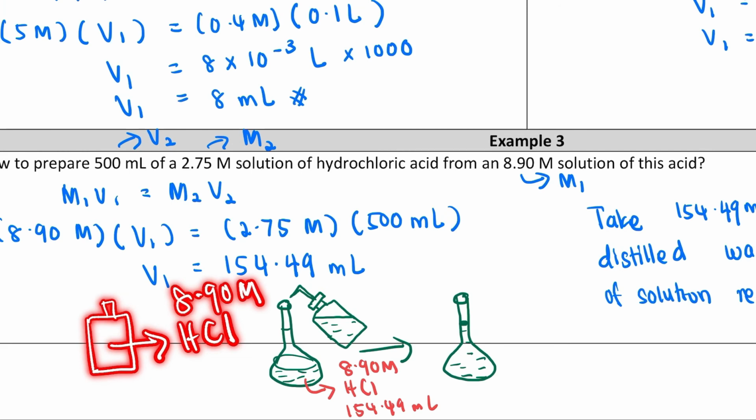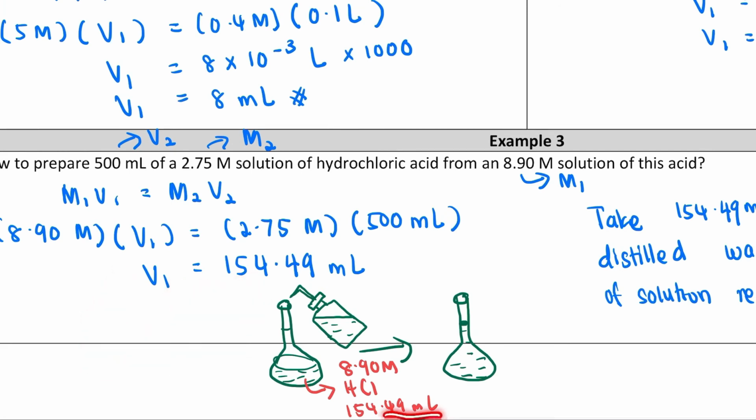Daripada bekas tu, saya pipette 154.49 ml keluar dan saya masukkan solution tu di dalam volumetric flask yang size dia 500 ml. For your information, volumetric flask ada banyak size. If you want to prepare 500 ml, then choose volumetric flask yang 500 ml. Then saya fill in dekat bawah ni, sikit je dekat bawah ni.